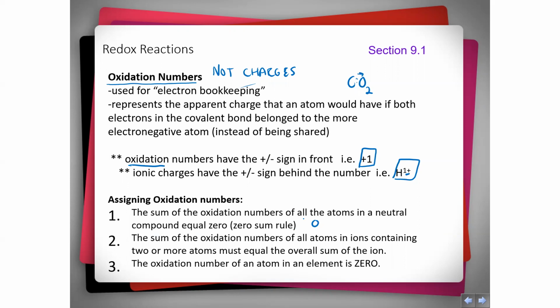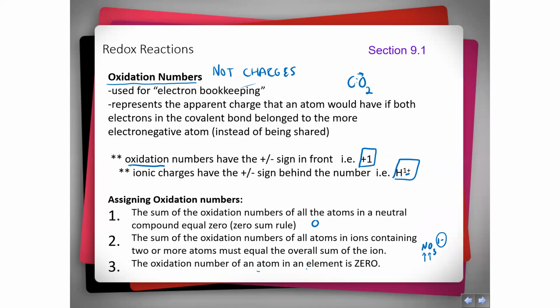And all of your polyatomic ions are listed on your periodic table. So, for instance, if you have the nitrate ion, that is NO3 1-, the sum of the oxidation numbers that you give to the N and to all of the O's should equal that charge on your polyatomic ion.